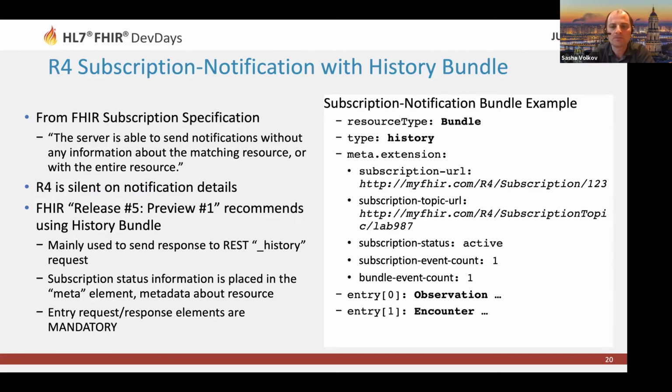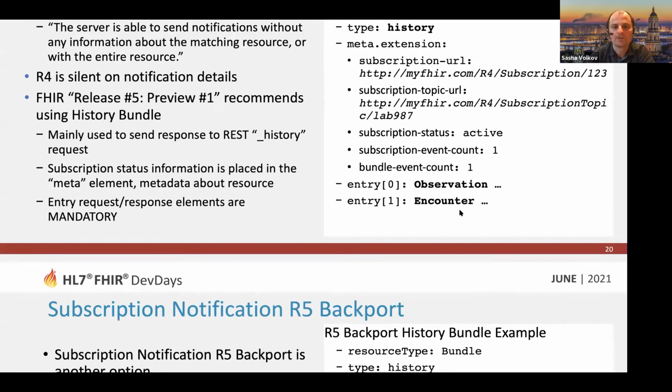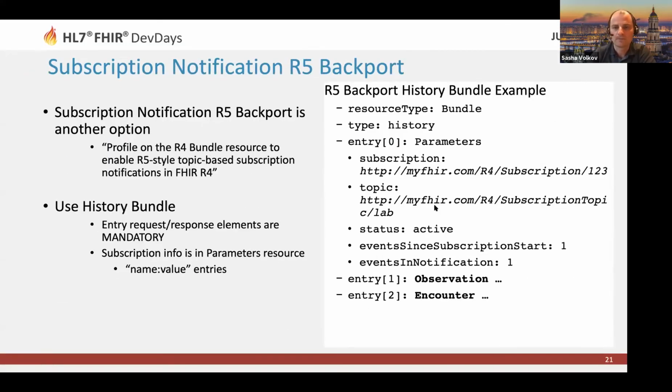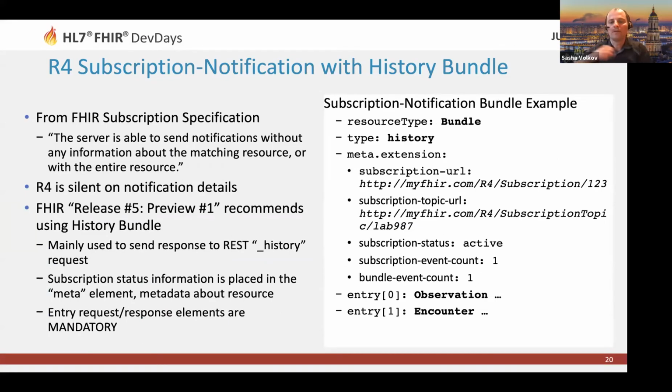The subscription status information can be represented as a meta extension, like you see here, and the actual trigger event can be entry 0, like observation, and other resources can be other entries.